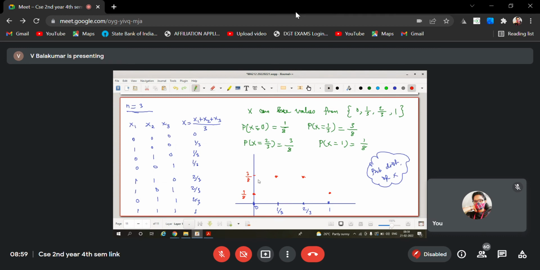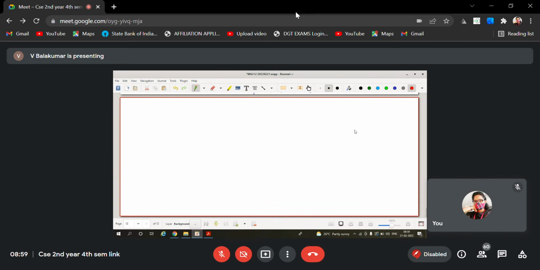Now I can go for n equal to 4. The same idea I should extend. What happens if n becomes larger and larger? That's my question. Let us look at only one more thing. N equal to 4. We do not have enough space to write elaborately. N equal to 4, how many possibilities? 16 possibilities.